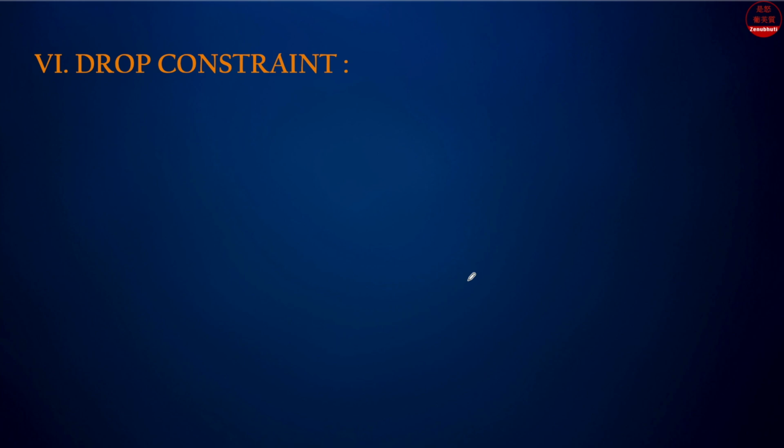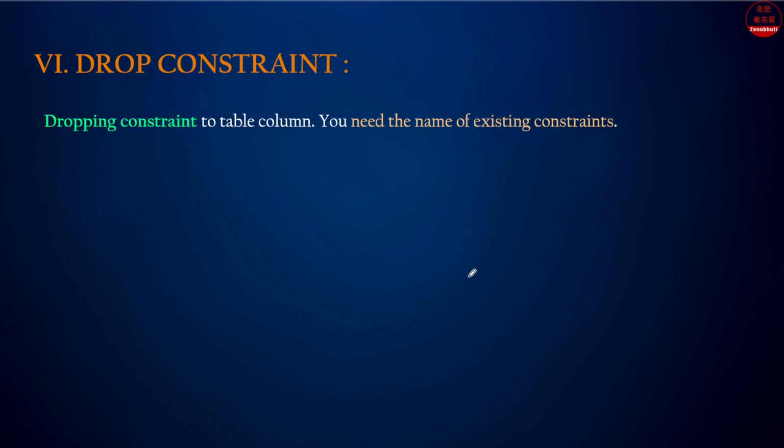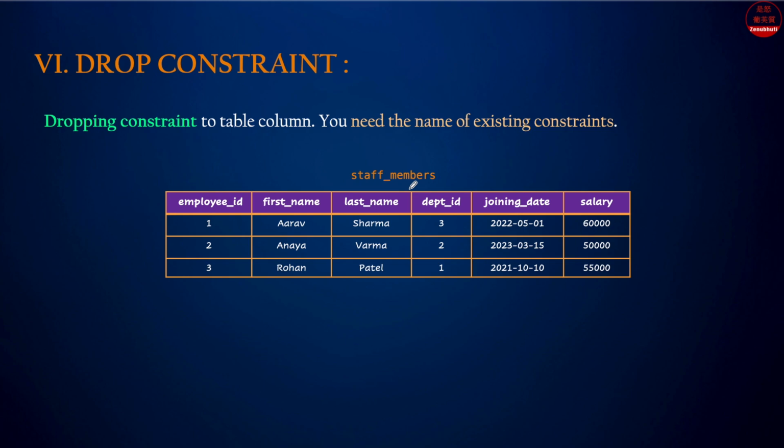Now if you want to drop the constraint of your column, how will you do that? Let's say I want to drop the constraint that I just used. Now we will see the syntax. First thing, you will say alter table staff member. This will always be your first statement. Then you are dropping your constraint.